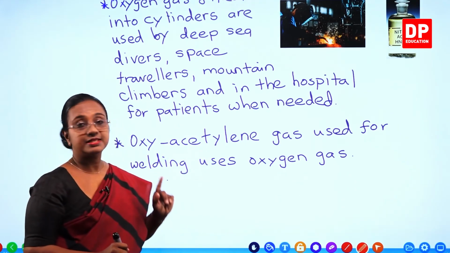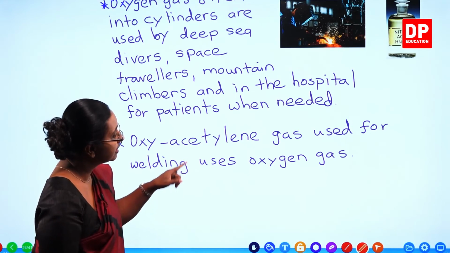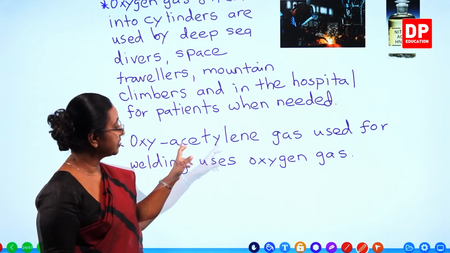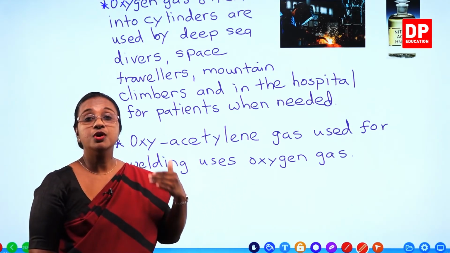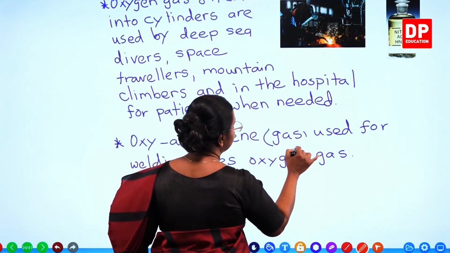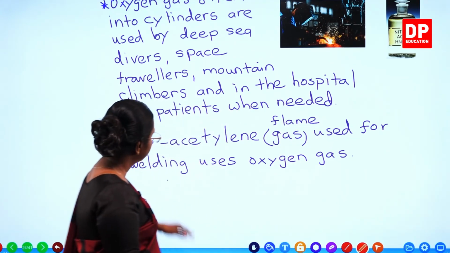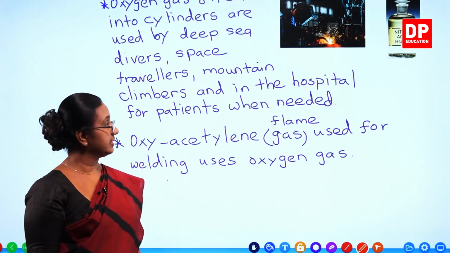So, oxyacetylene flame, oxyacetylene gas used for welding. Oxyacetylene gas that gives rise to oxyacetylene flame. So, here the gas actually burns and provides the oxyacetylene flame. So, that also uses oxygen gas.